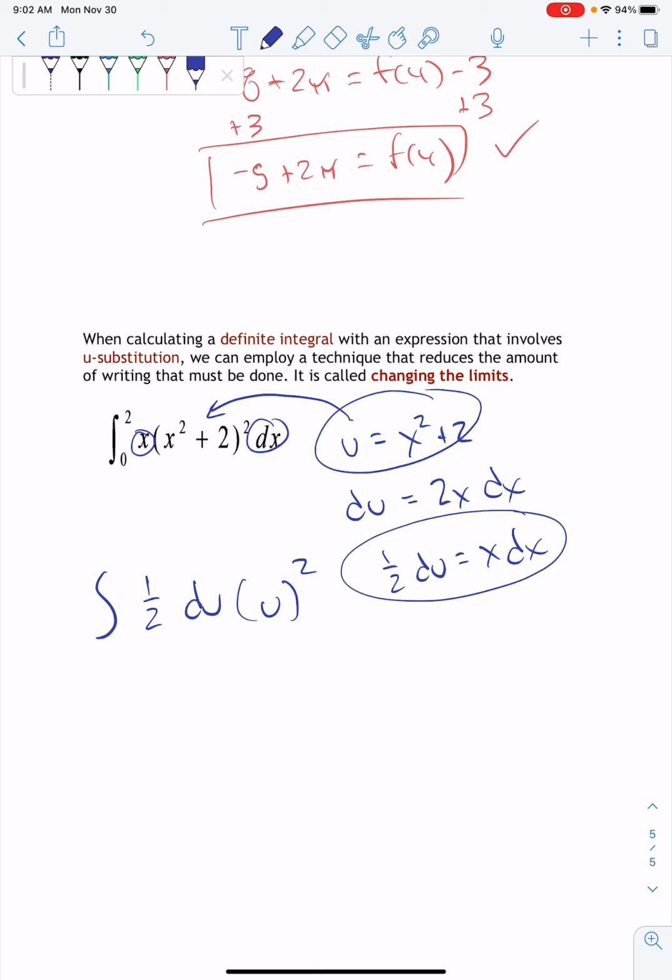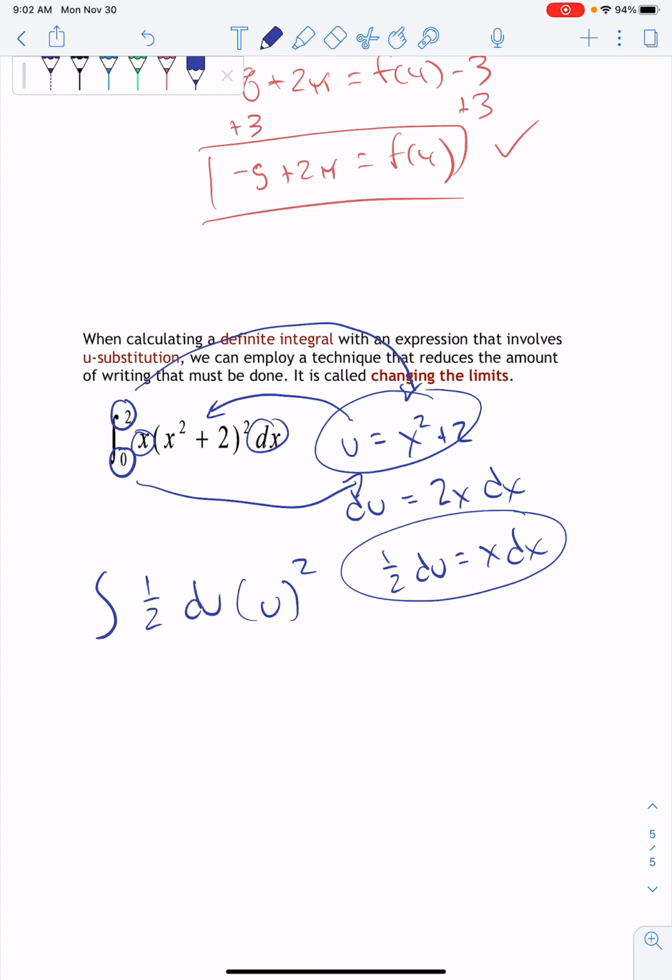But there's one other thing we need to take into consideration, and that's these limits right here. Now, if I leave them the way that they are, after I integrate, I have to take all of this stuff, this x squared plus 2, and plug it back in. Or I can take my limits and plug them in and get new limits.